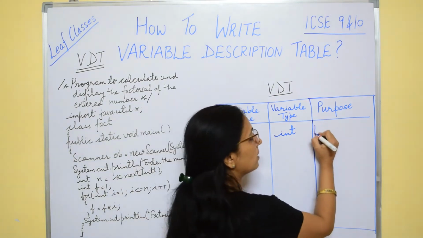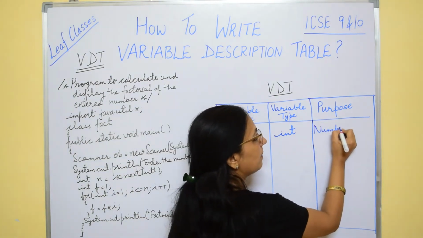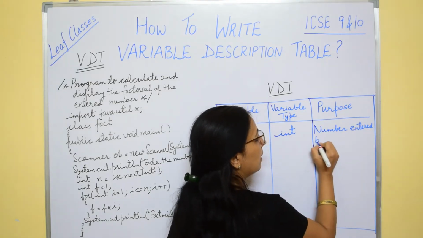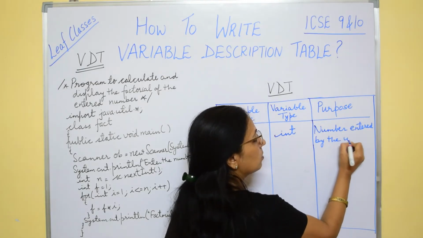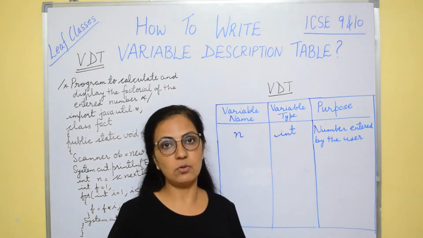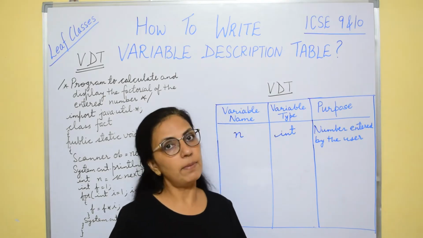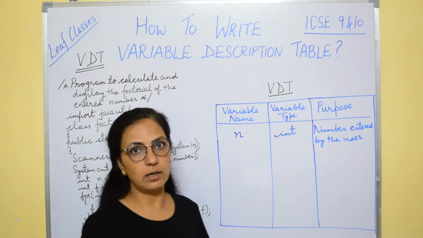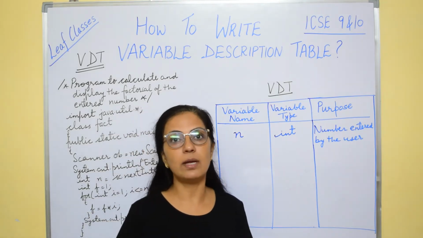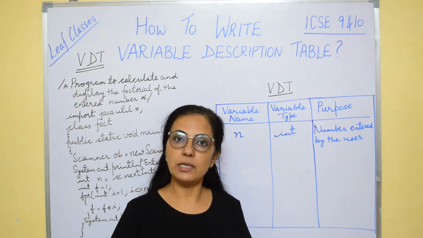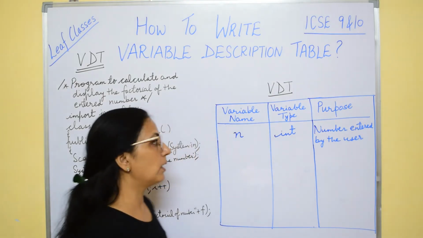So we can write number entered by the user, or to store the number given by the user, or to input the number. Any statement in which you are comfortable, you can use. So again I am telling you, there is no syntax of writing purpose. For whichever particular purpose you have taken that variable, you can use that.